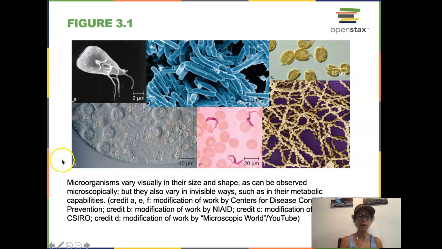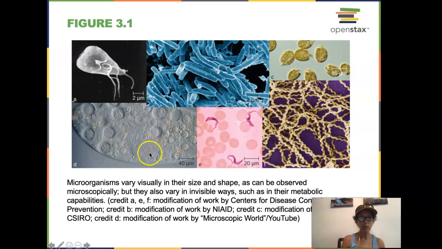We've got eukaryotic giardia. We saw that in the first lecture. We have some prokaryotic bacteria that are bacillus. And image C, we've got some very large, by microscopic sizes, 35 microns, so that is a eukaryotic microbe.